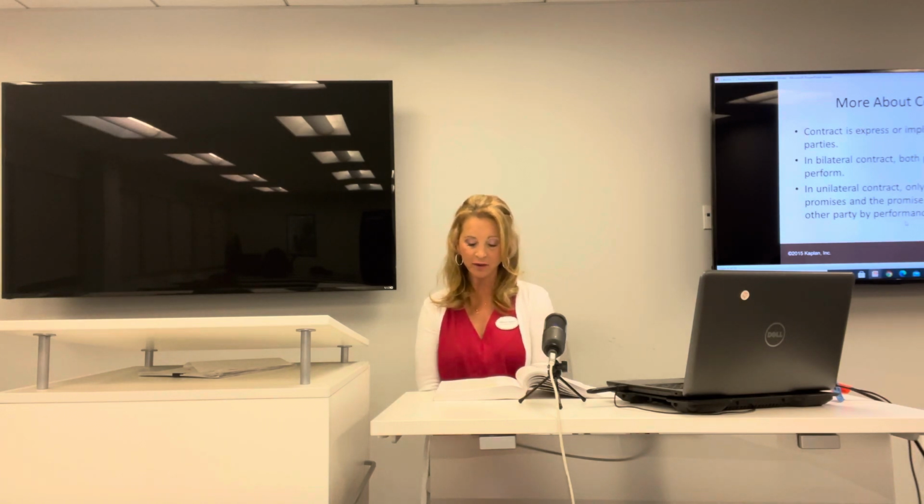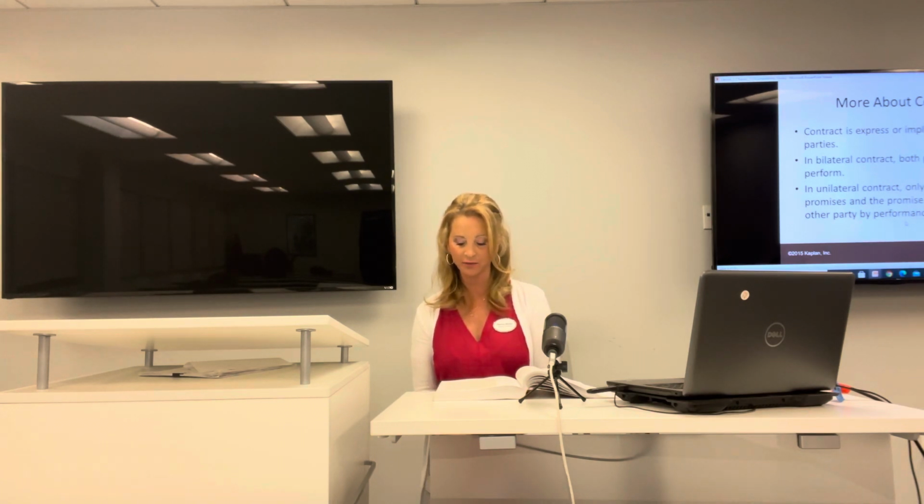This is super important, the bilateral and unilateral contracts. Highlight the first sentence. In a bilateral contract, both parties make a promise to do something or to refrain from doing something, or both parties are obligated to perform. In a unilateral contract, only one party promises and only that party is obligated to perform.